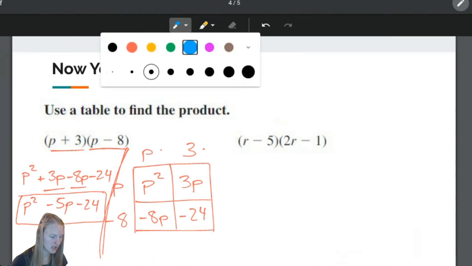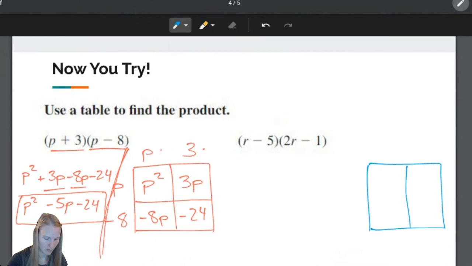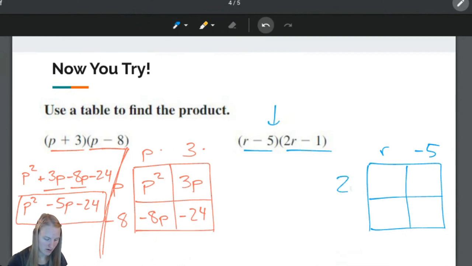All right, new color, new problem. Again, I'm going to make my table with my 4 boxes. r -5. And remember, when I am subtracting, I keep the negative with the second number. Okay, and then 2r -1.